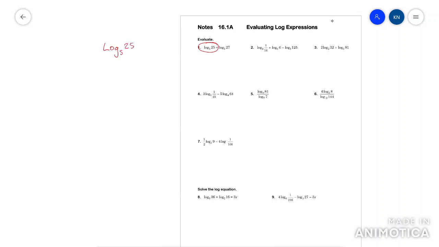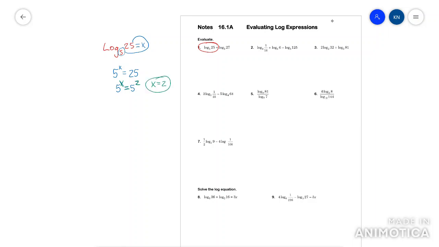When you evaluate a log, you need to imagine that it equals x, and then you snail it and take it to exponential form. Then you need to get the bases of the exponential the same, because if you can, then you can just set the exponents equal to each other.